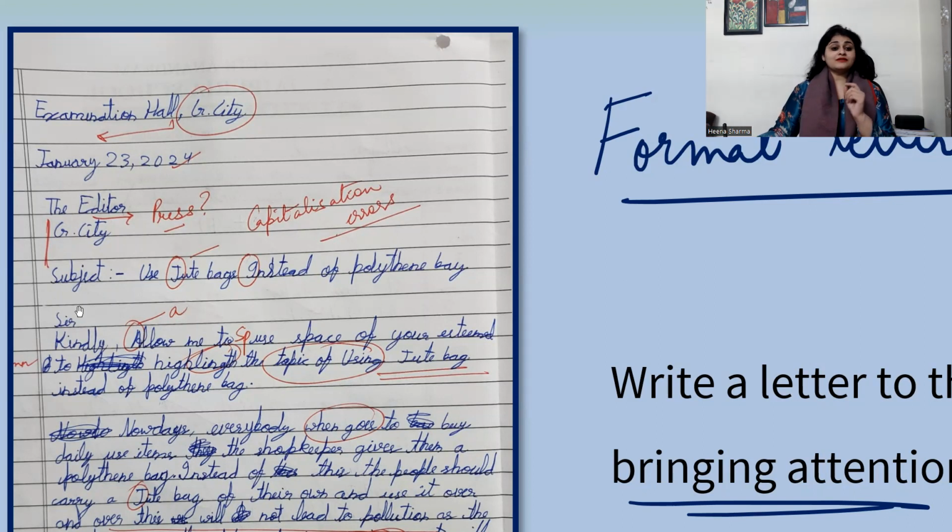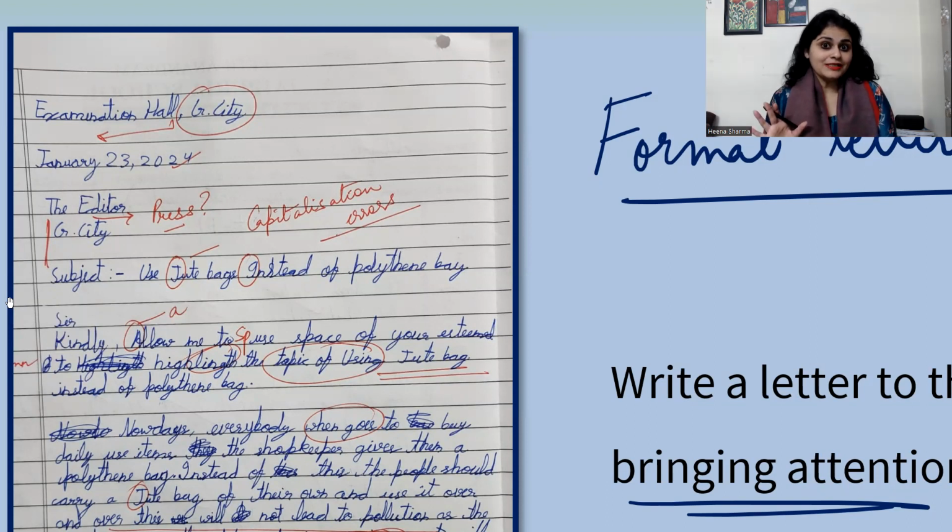Now you take a look at the subject. In the subject line, the child has made capitalization errors. Don't do that. You have to be very, very thoughtful as to how you are writing and what you are writing and where you are writing. It's after all your paper, it's your exam sheet, right? Then comes the salutation. Sir, it could be respected sir.